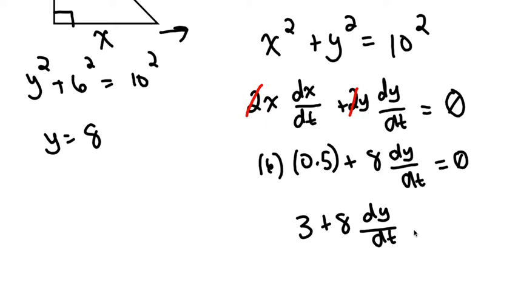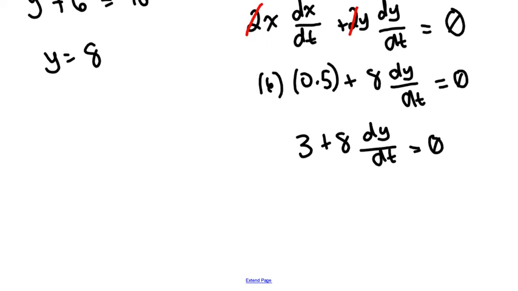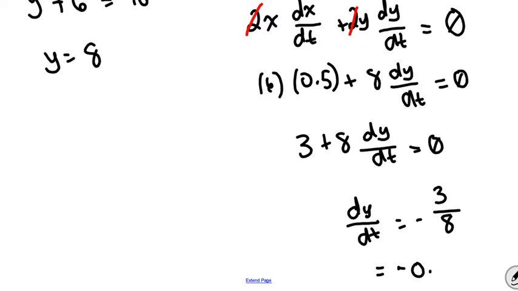Again, as many steps as it takes you to get dy dt by itself, we can realize that dy dt in an exact answer would just be negative 3 over 8. And if we're rounding that, well, actually, we don't even need an approximate symbol here because this only has 3 decimal places. So this would just be negative 0.375.